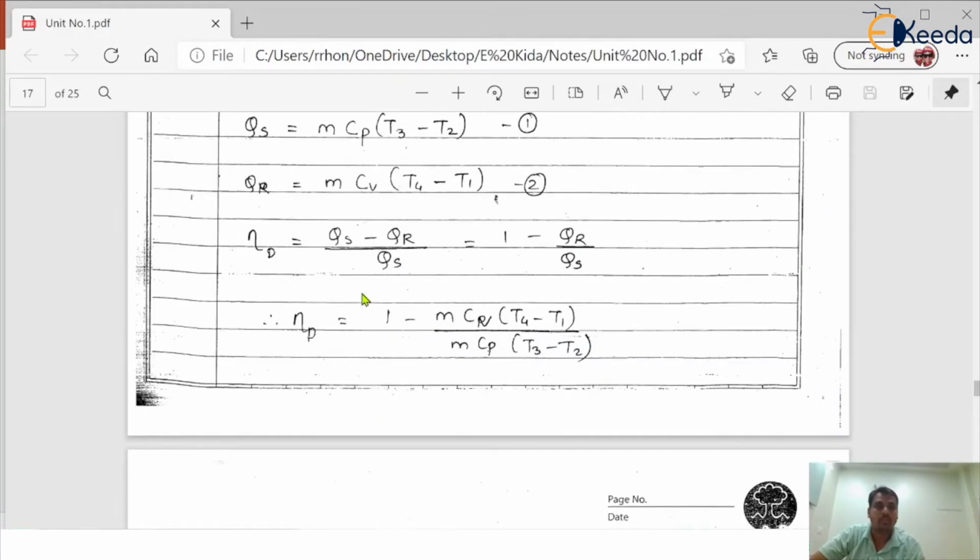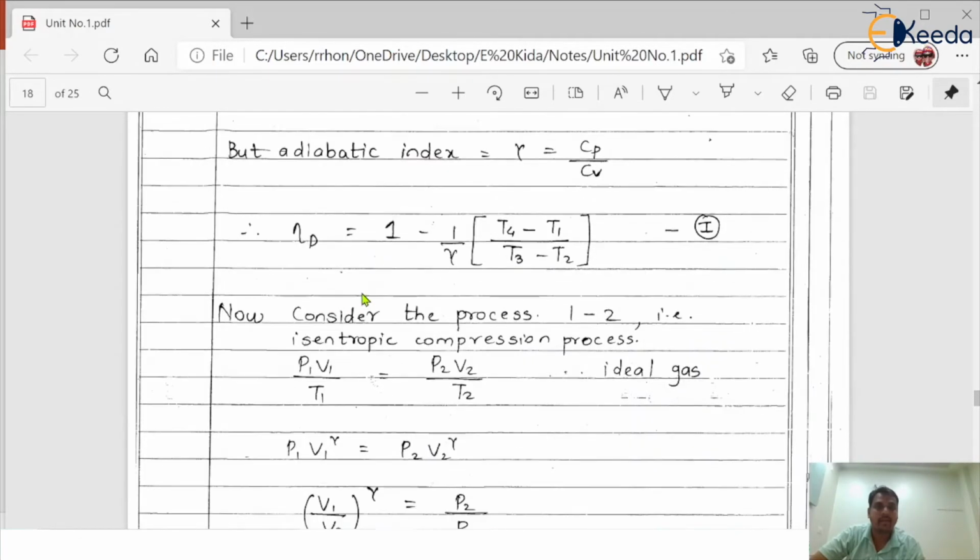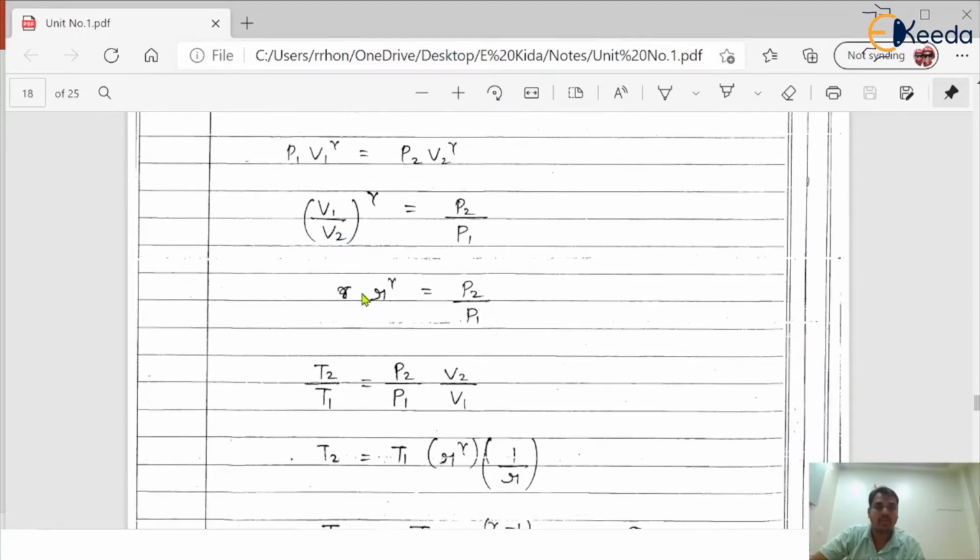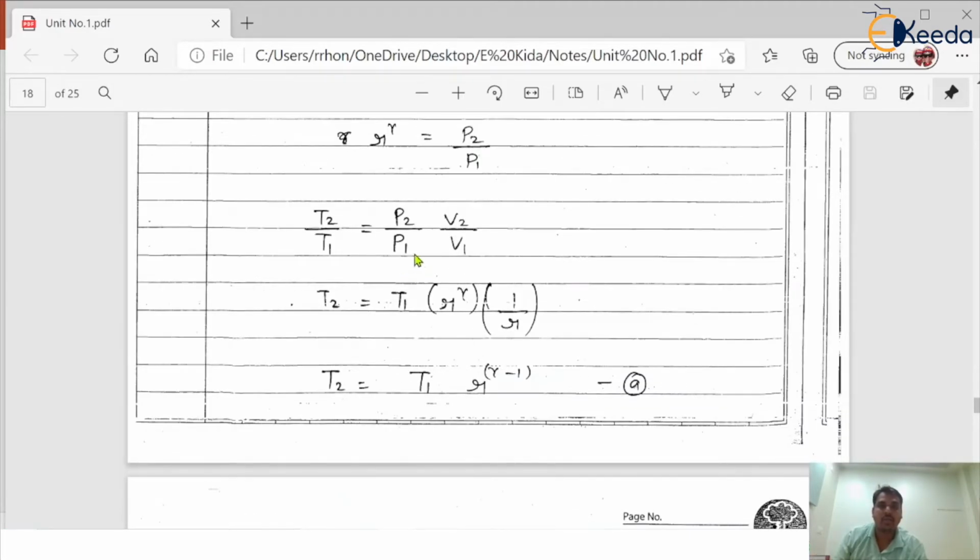So put those values in and write the next equation. We have V1 by V2 is equal to r, r raised to gamma is equal to P2 by P1, and so we can write T1 into r raised to gamma into V2 by V1, which is 1 by r.